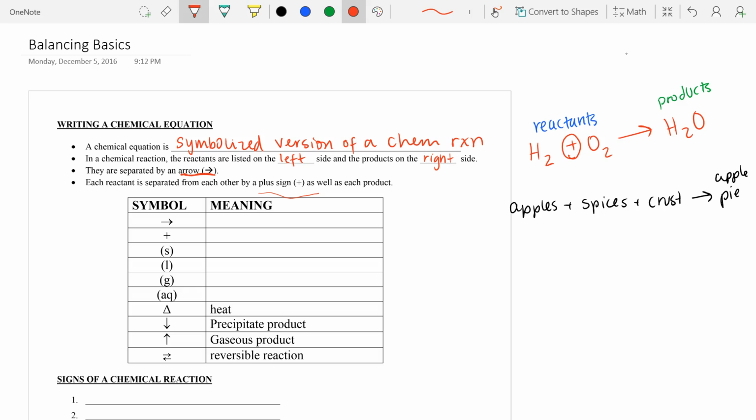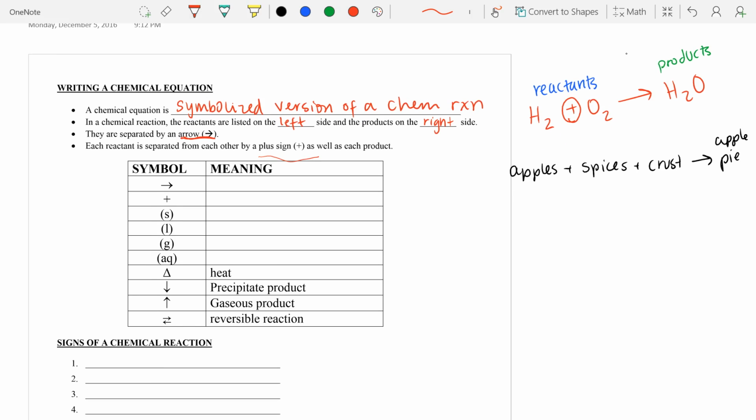So just to go through the symbols and what things mean, the arrow means to produce or yield. So if you ever see that something is produced, or these things were mixed together and they yielded a number of products, it's what is separating the reactants from the products.